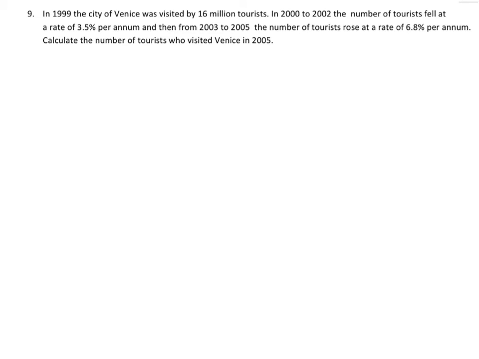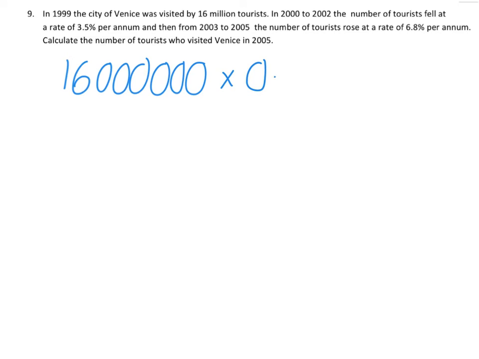So the first thing we want to start with here is our initial figure, which is 16 million tourists. We are told that the number of tourists fell over a 2-year period at a rate of 3.5% per annum. So if we subtract 3.5 from 100, we get 96.5, and writing that as a decimal is 0.965.